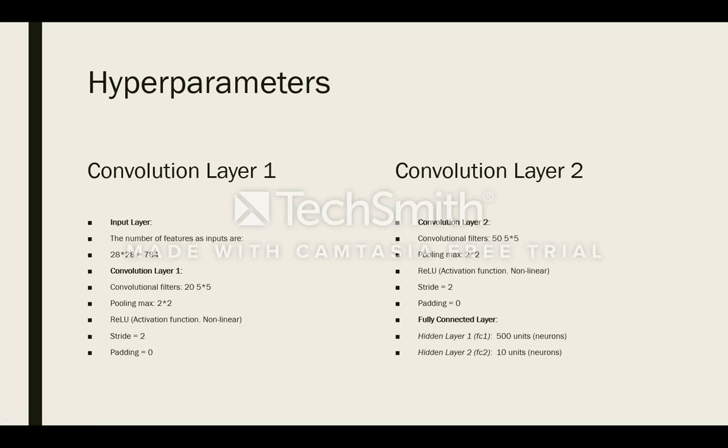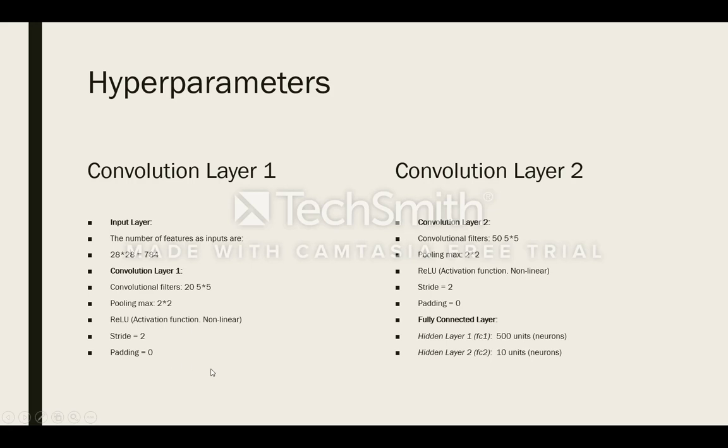The first convolution layer has 20 filters, and the kernel size is 5. Then max pooling with size 2 by 2. We are going to use a nonlinear ReLU activation function.